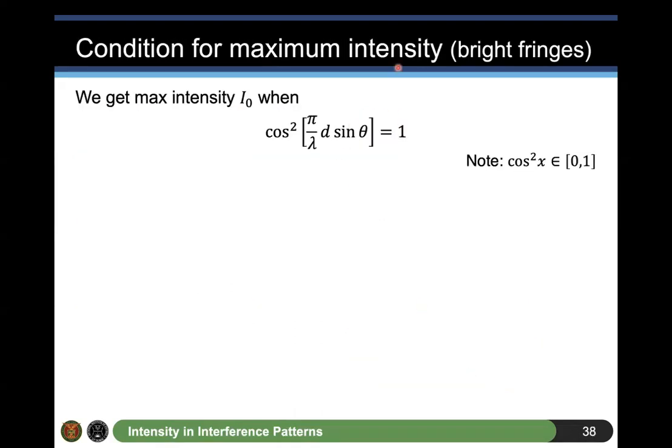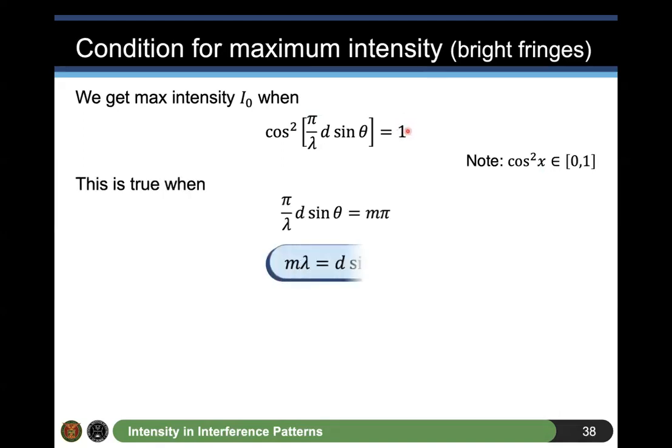So, para maximum intensity, kailangan yung highest value for cosine squared yung makuha natin, which is yung 1. So, if this is the case, then, etong nasa loob, yung argument ng cosine squared should be multiple integers of pi. Okay? Of pi. And then, we apply some algebra and we get this.